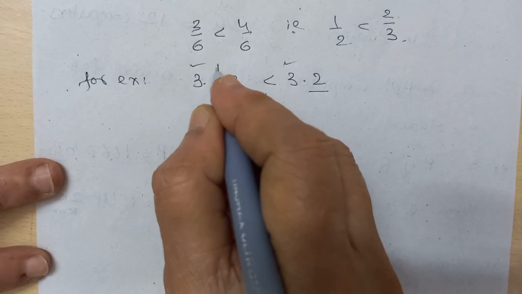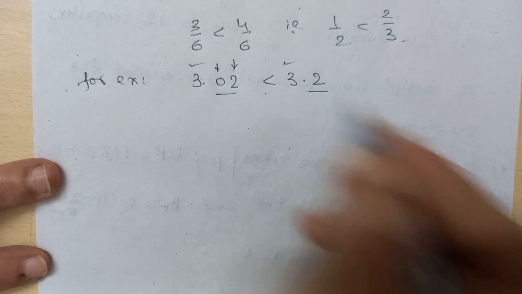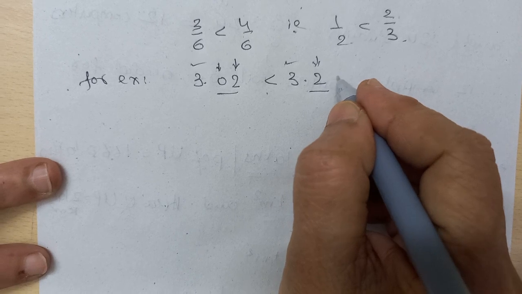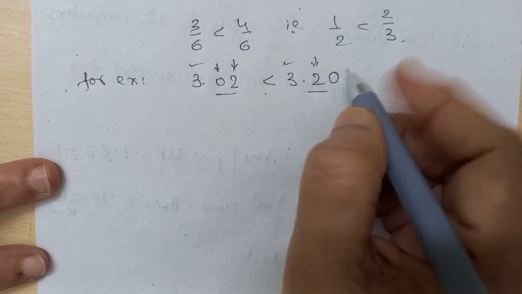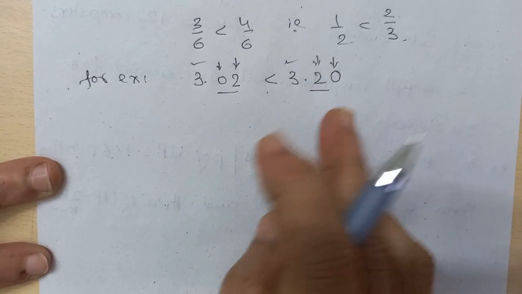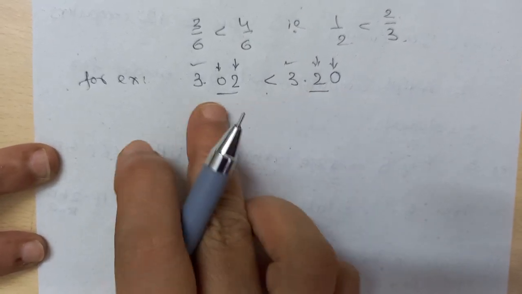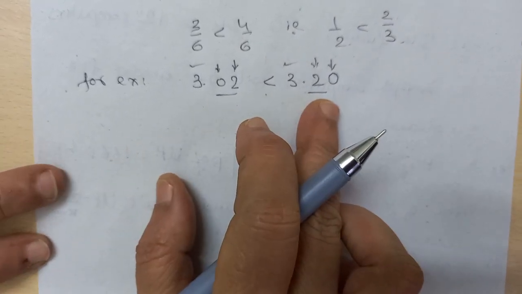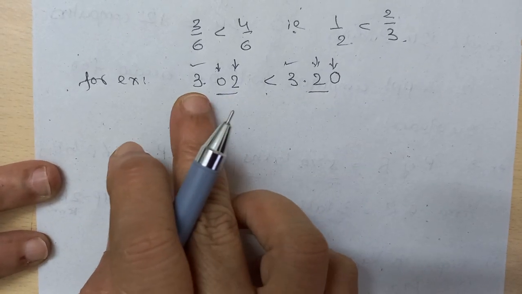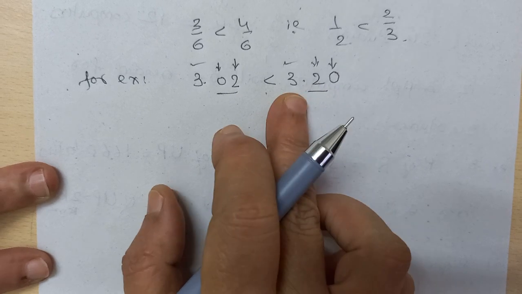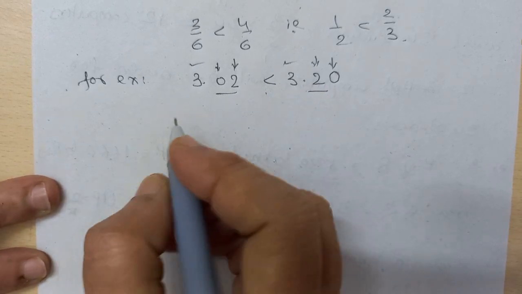This is the 1/10th place and this is the 100th place. We have to make this equal by writing 0 in front of 2 in the 100th place. Now these two decimal numbers have the same decimal places: 2 places after the decimal point, 2 places after the decimal point.